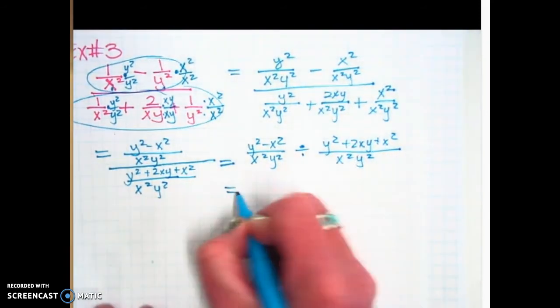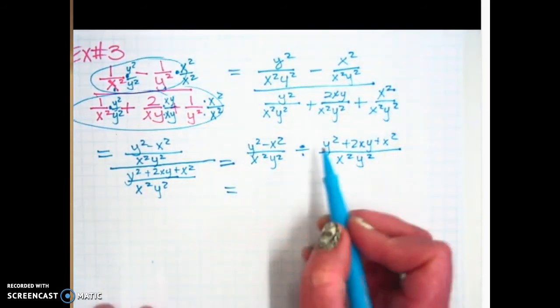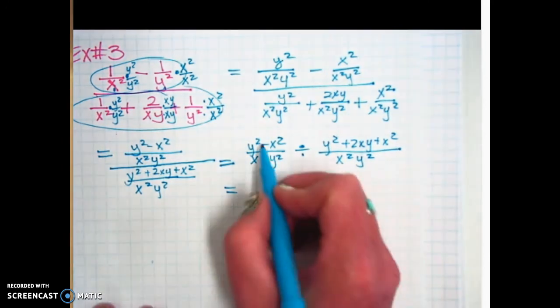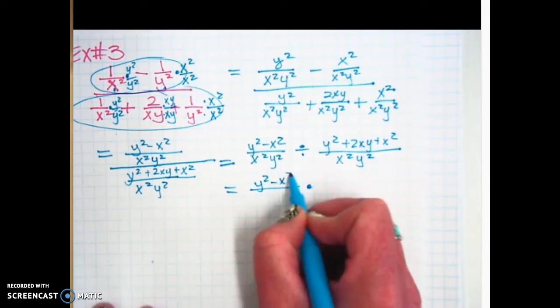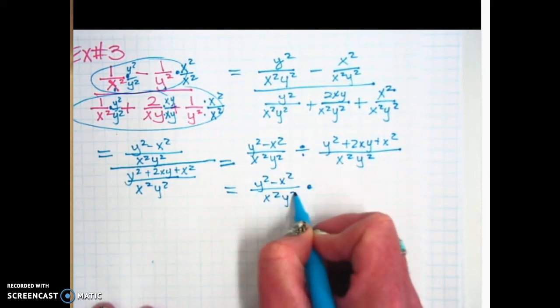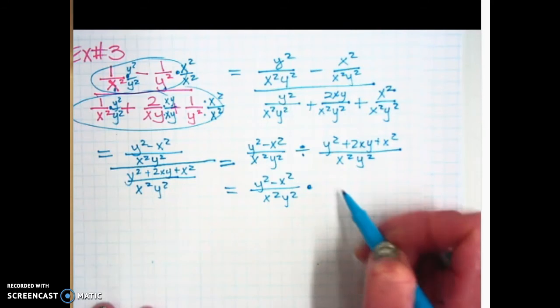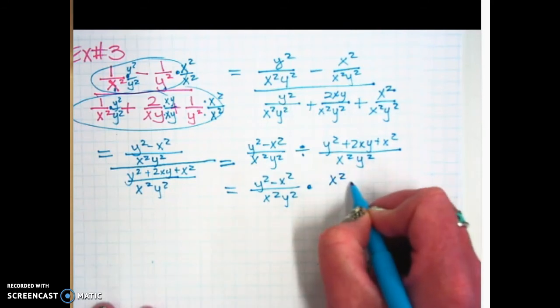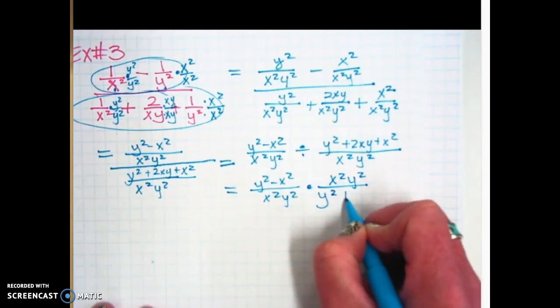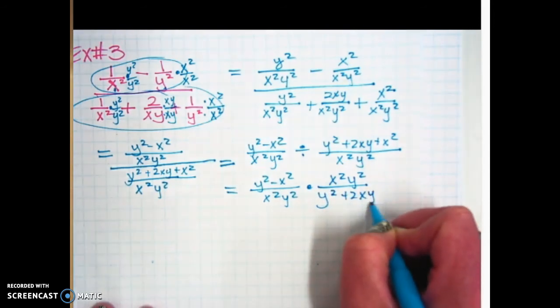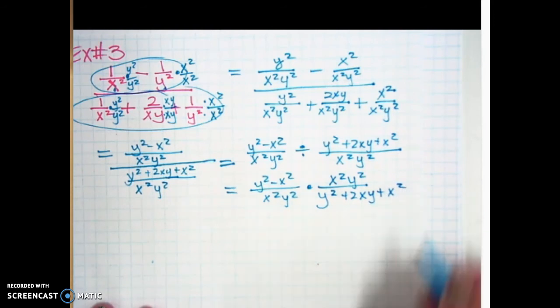Now I'm going to change it to multiplication instead of division by doing invert and multiply. So the first one stays the same. Y squared minus x squared over x squared y squared. Then when I invert this, flip it, I get the x squared y squared over the y squared plus 2xy plus x squared.